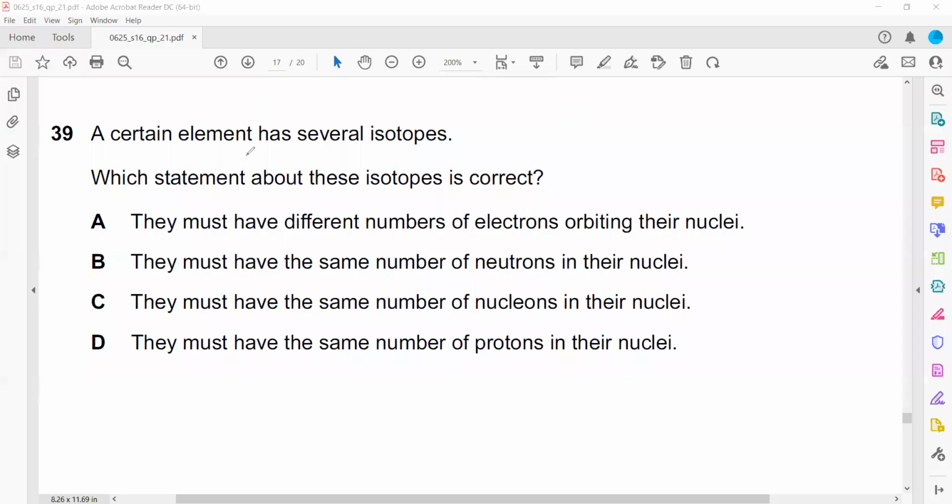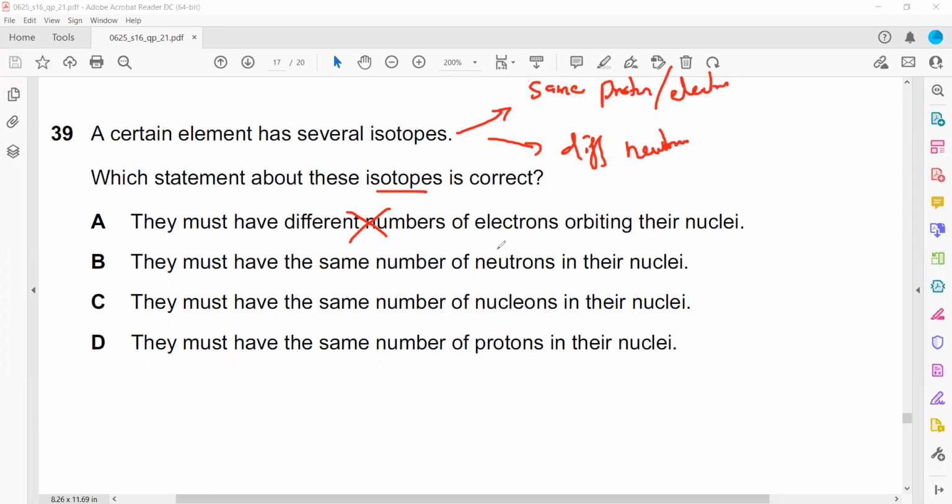So in this question, a certain element has several isotopes. Which statement about these isotopes is correct? Isotopes have the same number of protons and the same number of electrons, but they will have different numbers of neutrons. So saying they must have different numbers of electrons is wrong.